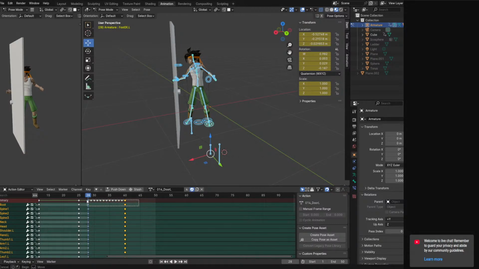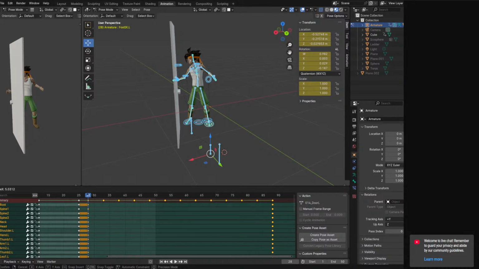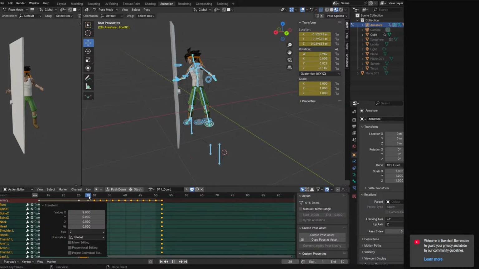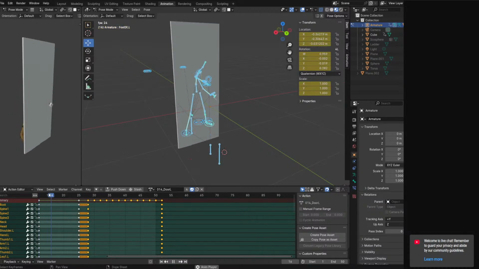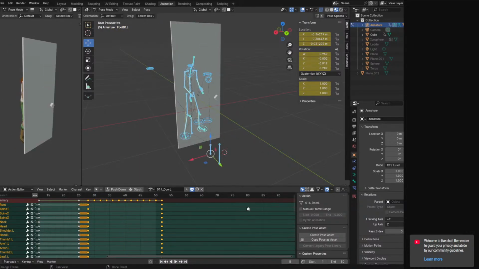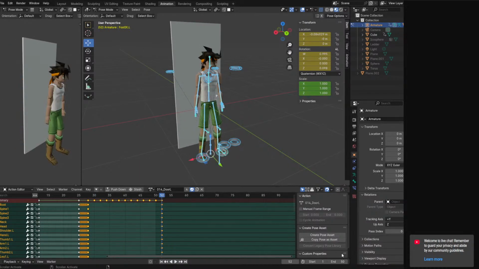Let's spread it out a little bit. That's a bit better. Okay, so it's 52 frames long.